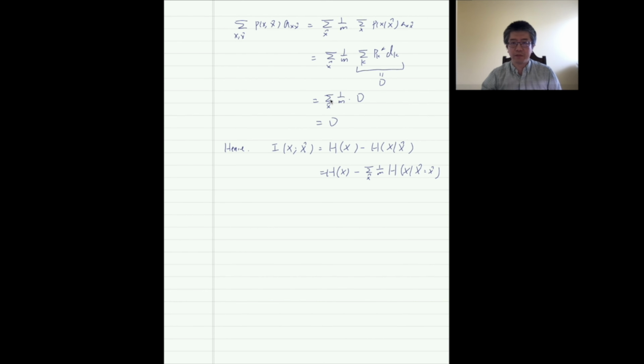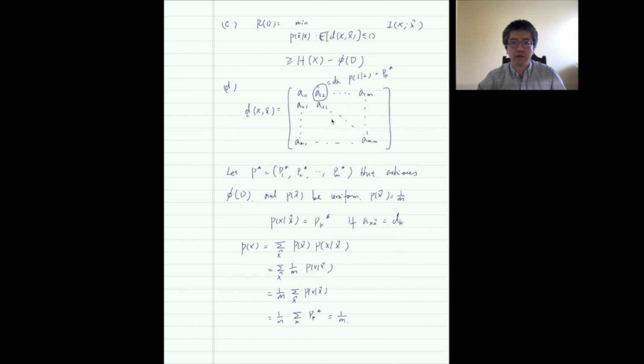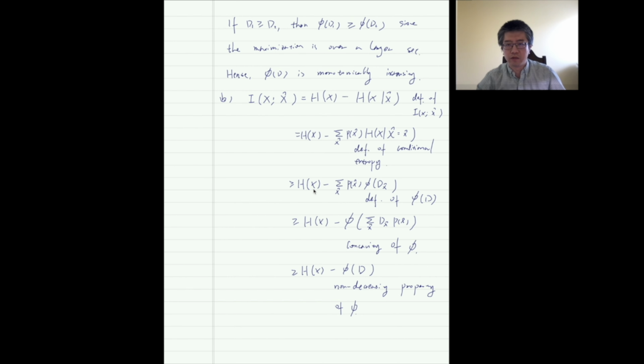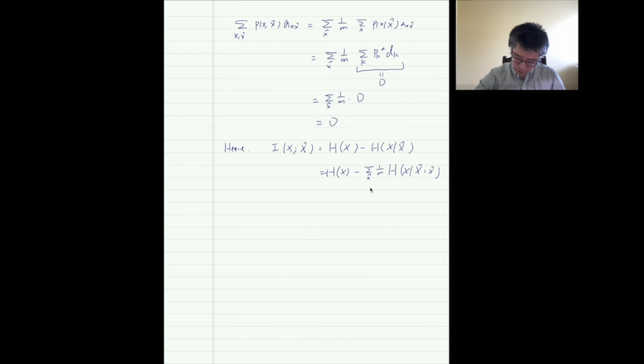And the next step is that, recall that we have an inequality here, right? But here we assume a P star such that this is achievable, right? Therefore, for this part we have an equality. Okay, so that equals to phi d, which is our HP star, okay?